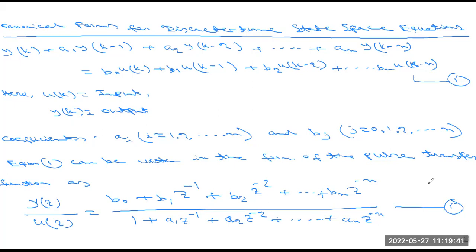Now again we have to write the previous equation, that is Y(z) by U(z), where we multiply z to the power n in the upper part and lower part also.